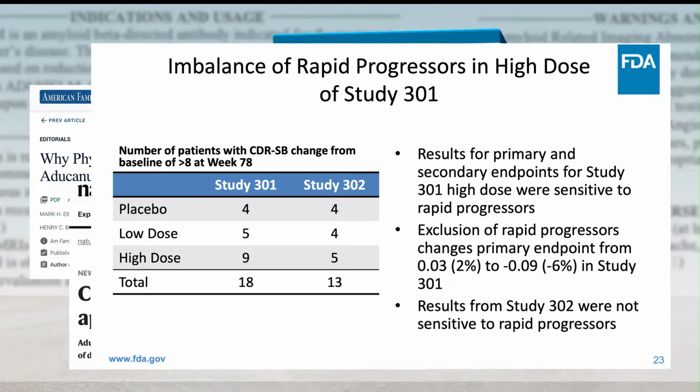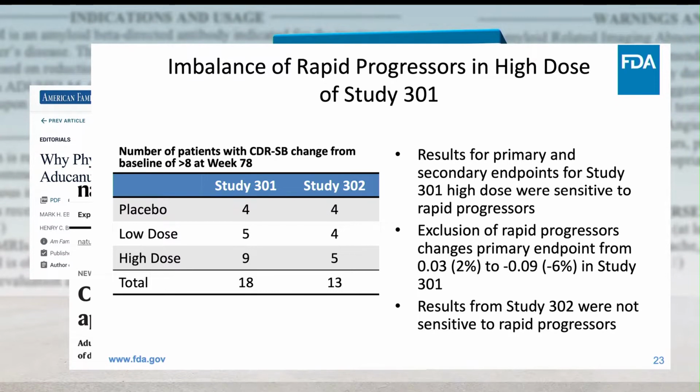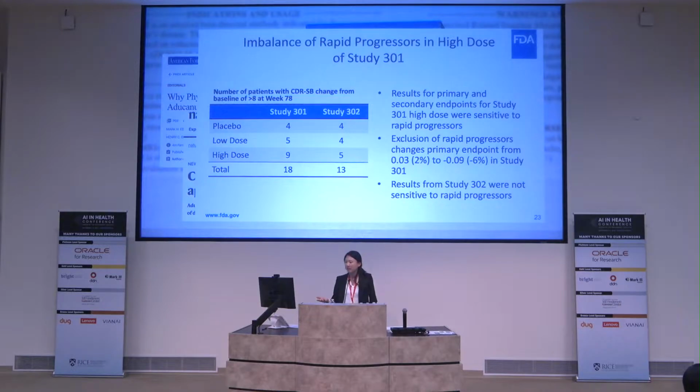I think Dr. Charles Green described the clinical trial very well, so let me talk about the clinical trial one more time here. For certain drugs to be approved, there should be a clinical trial. There were two phase 3 clinical trials for aducanumab, study 301 and study 302.